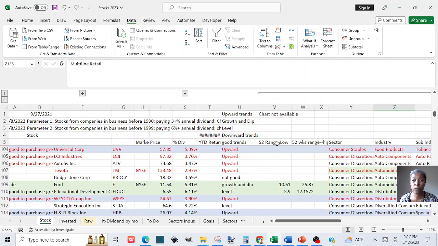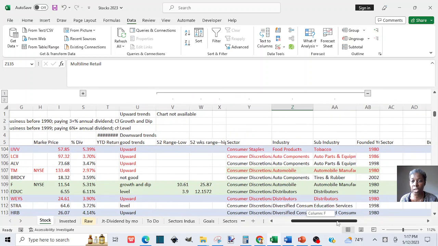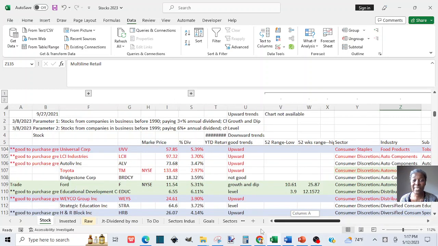You'll have columns for 52-week low, 52-week high, then sector, industry, sub-industry, and the year it went public as well. Pretty much there are criteria that you are going to use to filter down the companies that you will find in the stock market.